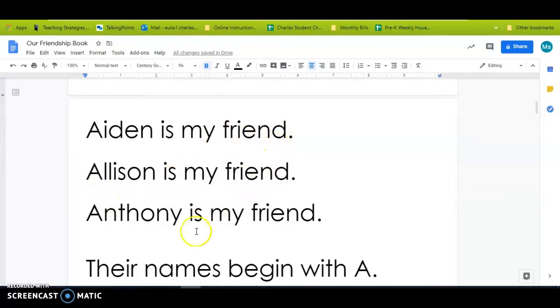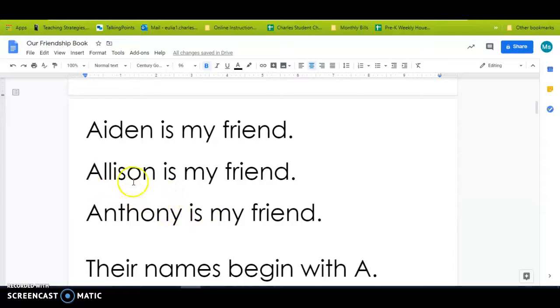Okay, let's look at this sentence. Allison is my friend. Now you show Miss Charles where you start reading. Where do we start reading? Very good, right there. Which way do we read? From left to right. Excellent. Can you show me a space in this sentence? Where's the space? I see a space here. I see a space here. And I see a space here. Good job. Do you see a small word?